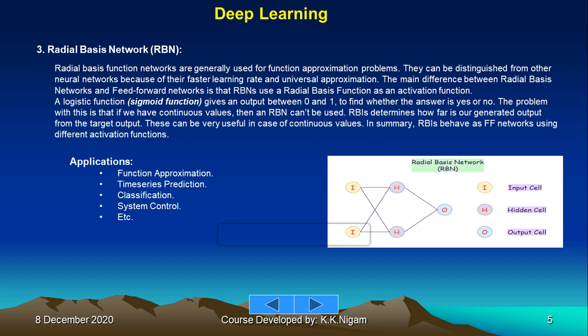A logistic function, sigmoid function, gives an output between 0 and 1 to find whether the answer is yes or no. The problem with this is that if we have continuous values, then it can't be used. An RBN determines how far our generated output is from the target output. These can be very useful in case of continuous values. In summary, RBNs behave as FF, that is feed forward network, using different activation functions. Applications of this: function approximation, time series prediction, classification, system control, etc.